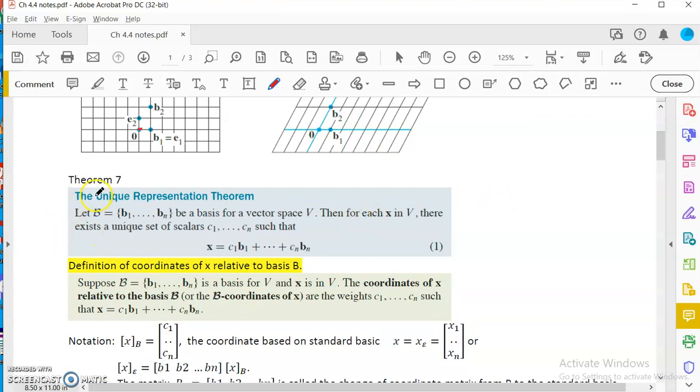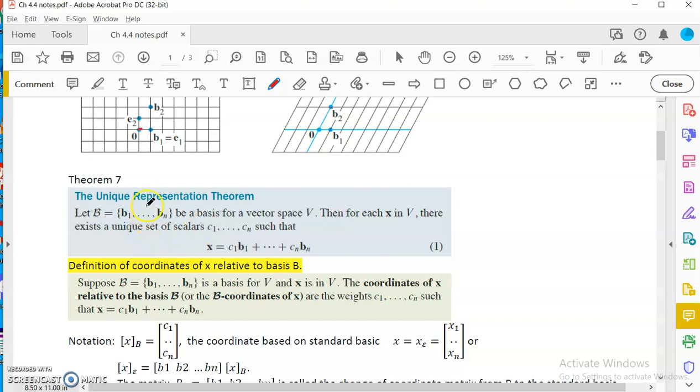So first, Theorem 7, called the unique representation theorem. It tells us that if I have a basis B1 to Bn for vector space V, then for each x there is a unique set of scalars C1 to Cn such that C1 times B1 all the way to Cn times Bn equals x.